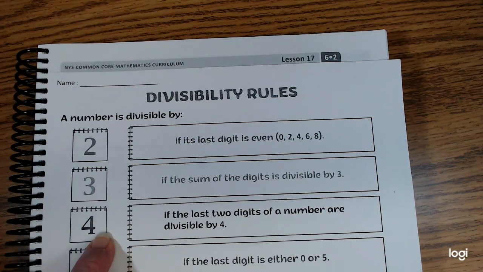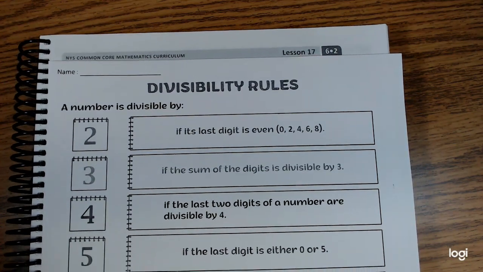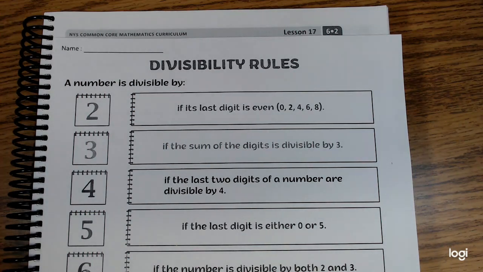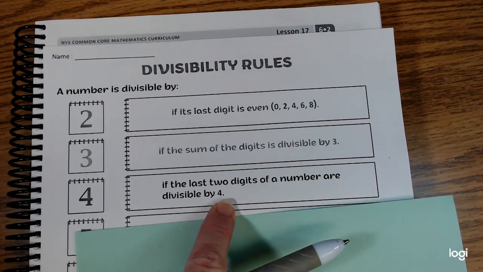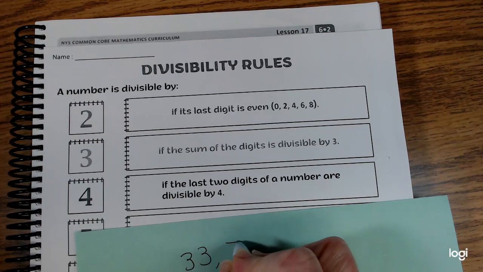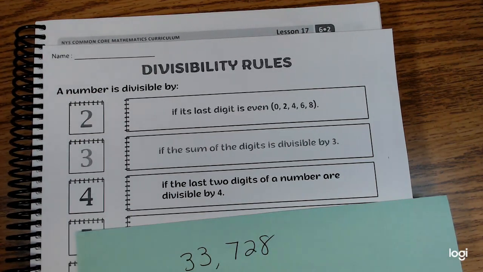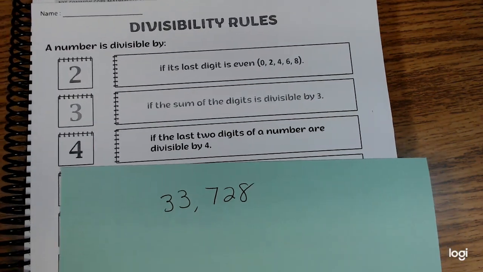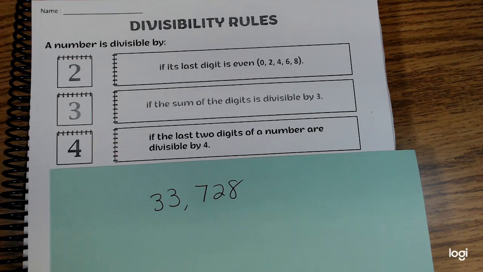The 4, you will notice we have a new rule here for the 4. It says the last 2 digits of a number are divisible by 4. So if I would have a 3-digit number, all right, so the 4, if you remember here, I said the last 2 digits. So if I would give you this number here, I want to know if that number can be divided by 4.